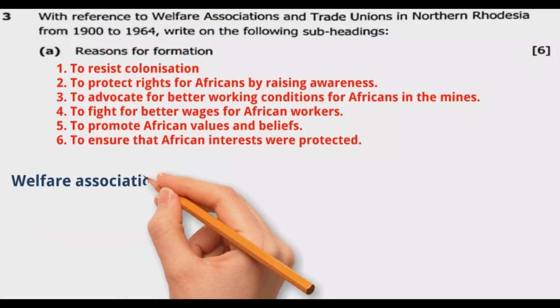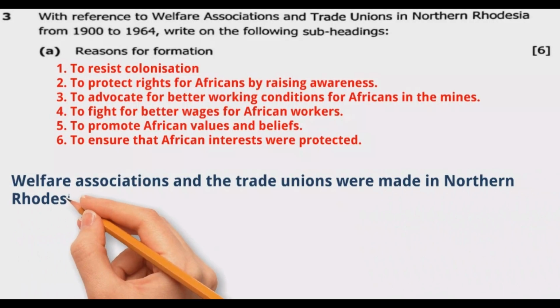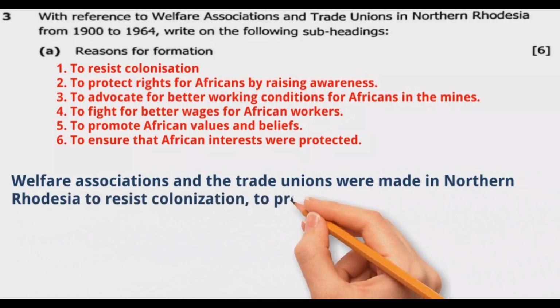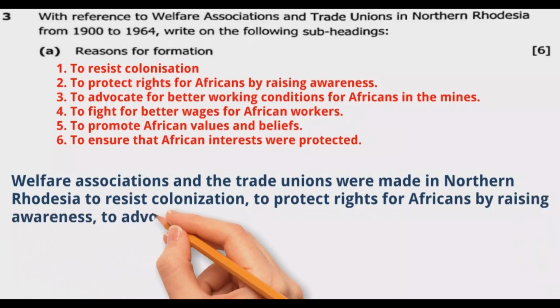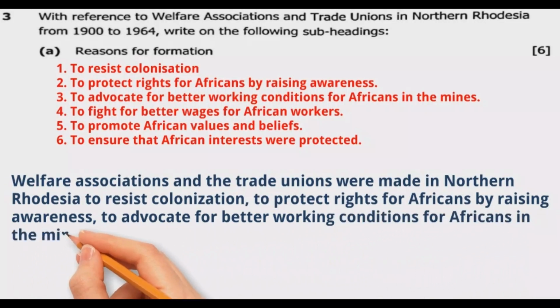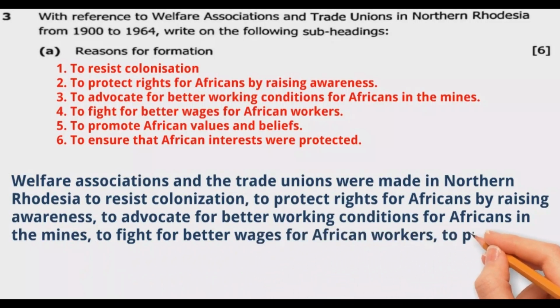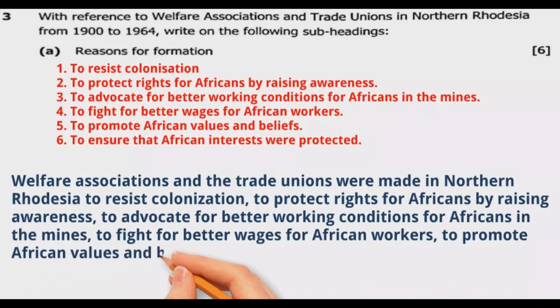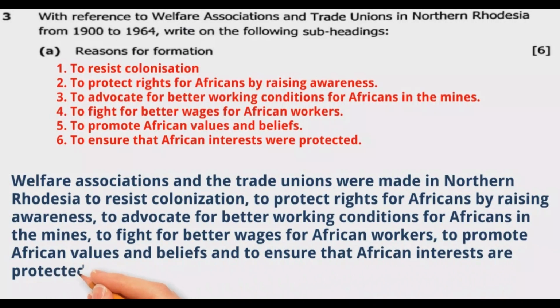Welfare associations and trade unions were formed in Northern Rhodesia to resist colonization, to protect rights for Africans by raising awareness, to advocate for better working conditions for Africans in the mines, to fight for better wages for African workers, to promote African values and beliefs, and to ensure that Africans' interests are protected. Okay, so that is the short essay for this question.